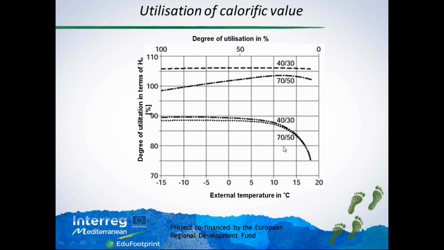And if we have the differences in efficiency, if we have two temperature stages, high temperature and low temperature, those figures are the temperature of the water heated by the boiler, 70 for example, and this 50 is the temperature of the water coming back to the boiler.